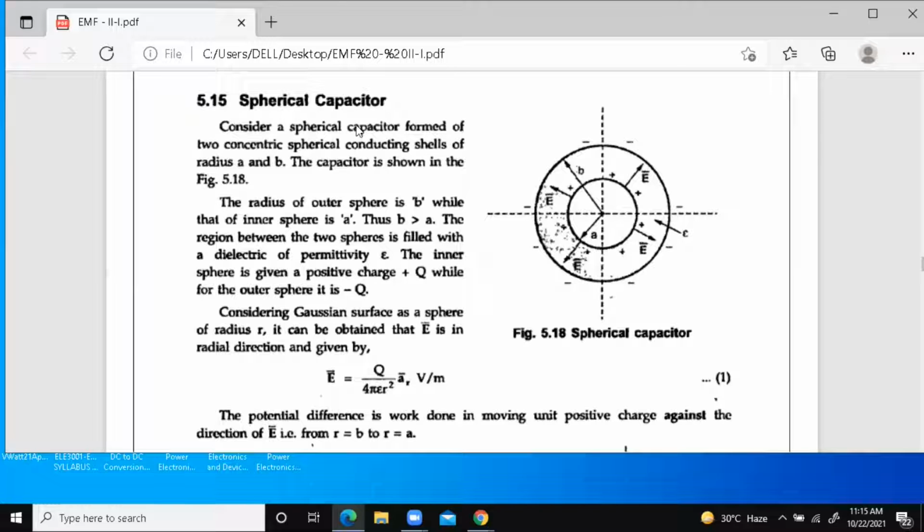Consider a spherical capacitor formed of two concentric spherical conducting shells of radius A and B. So here we are. Radius A and radius B. This is a sphere inside a bigger sphere.